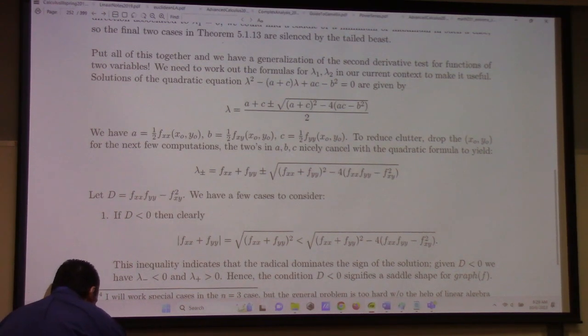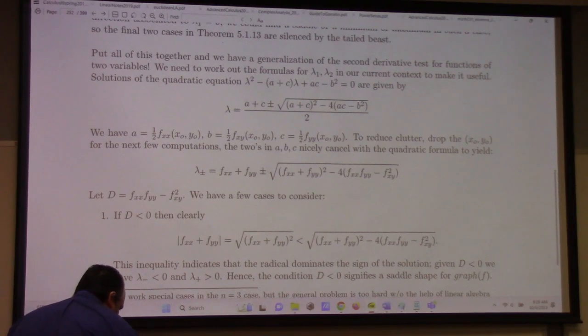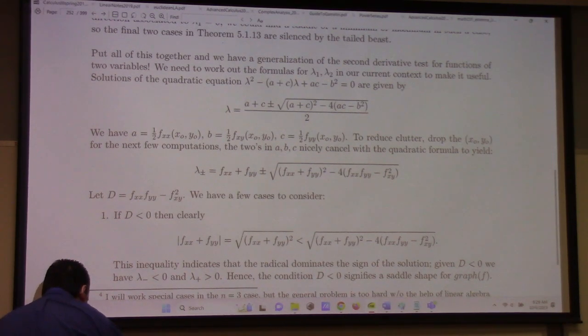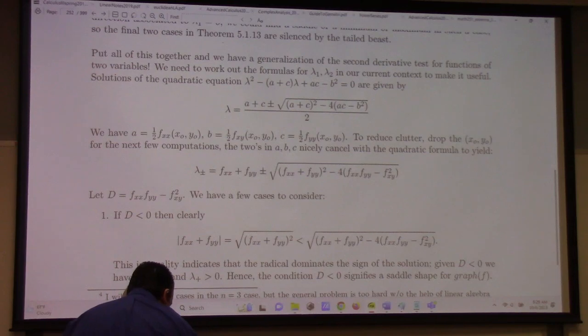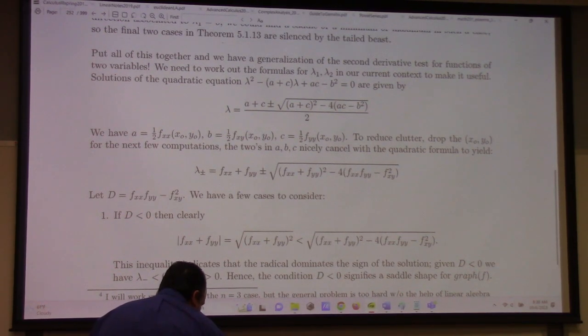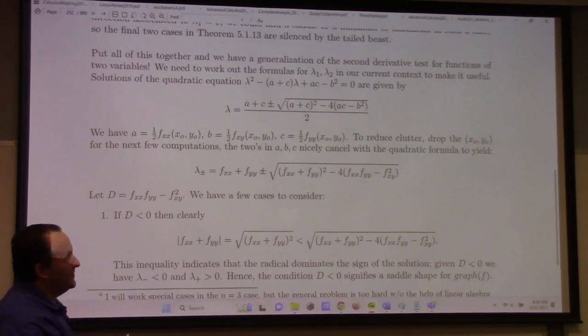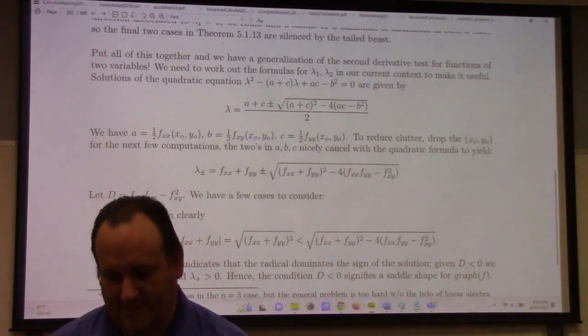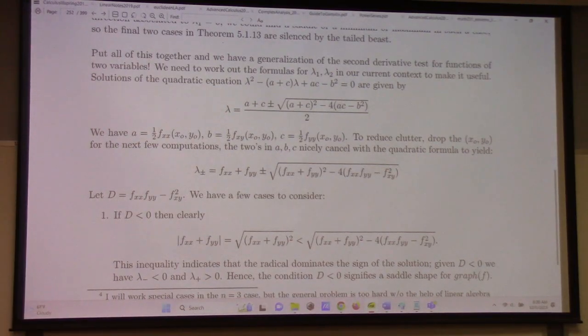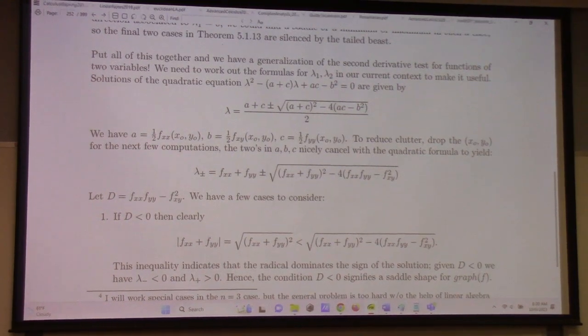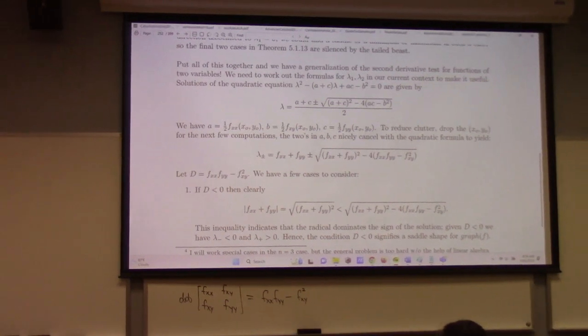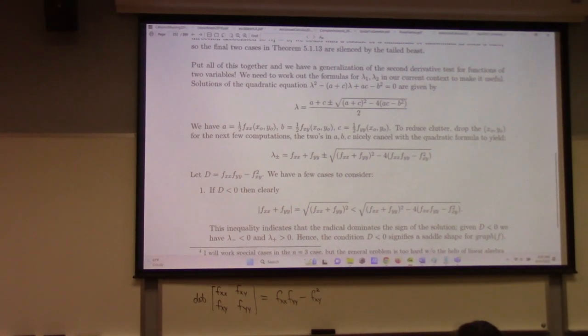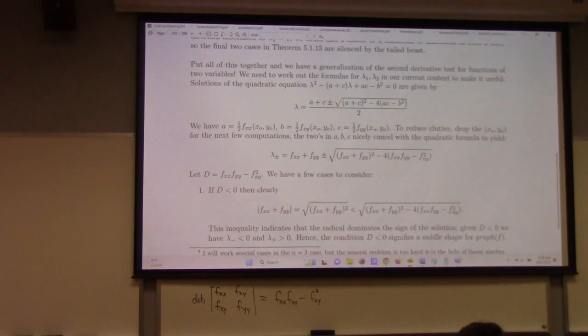But if you look at the 2x2 matrix, fxx, fxy, fxy, fyy, and you look at the determinant of this matrix, what is it? It's that. That is the quote-unquote big D of the second derivative test. And sometimes this gets called the Hessian as well.